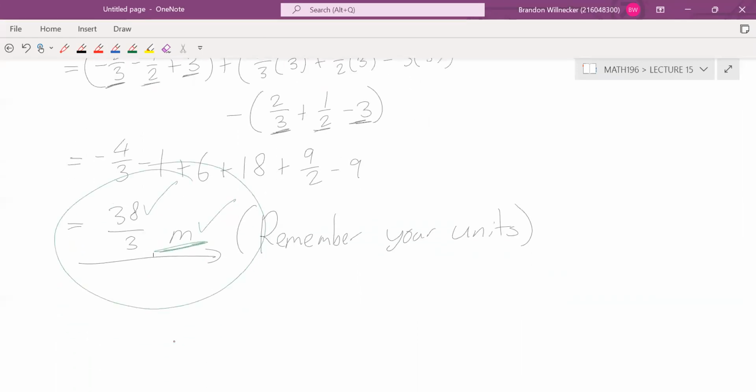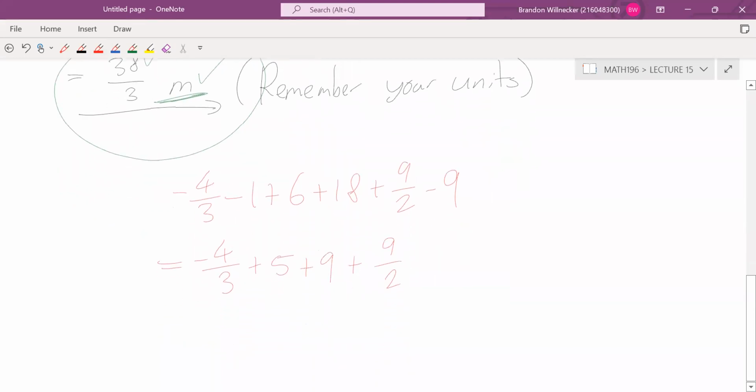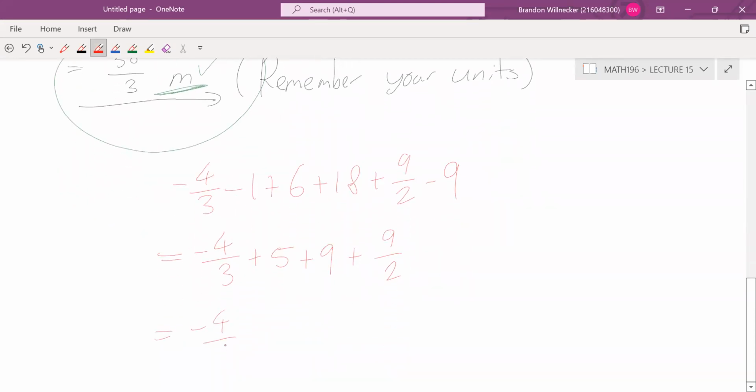So we have -4/3 -1 +6 +18 +9/2 -9. Let's do this slowly. So we have -4/3, 6 -1, that's +5, 18 -9, that's +9, +9/2. So we have -4/3 plus 9 plus 5. That's going to give us 14 plus 9/2.